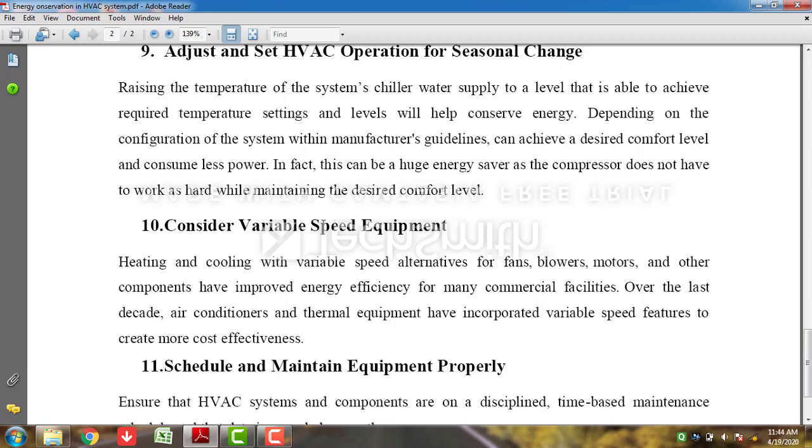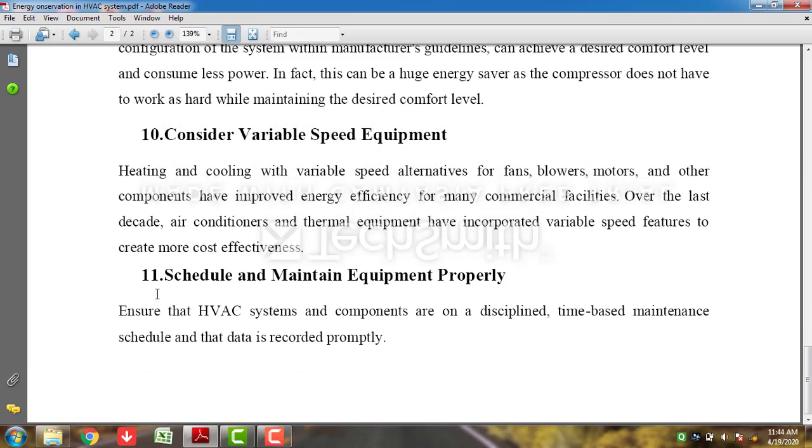Fine. Next, consider variable speed equipment. Where are we using variable speed? Wherever we require a compressor. A compressor is a device that works on a motor, because whenever we require compressed air, we have to rotate a function that sucks in the air.